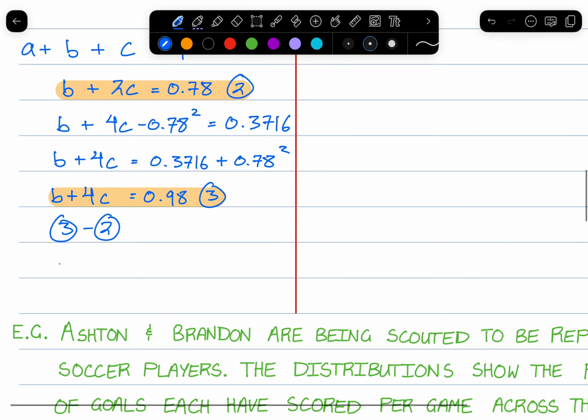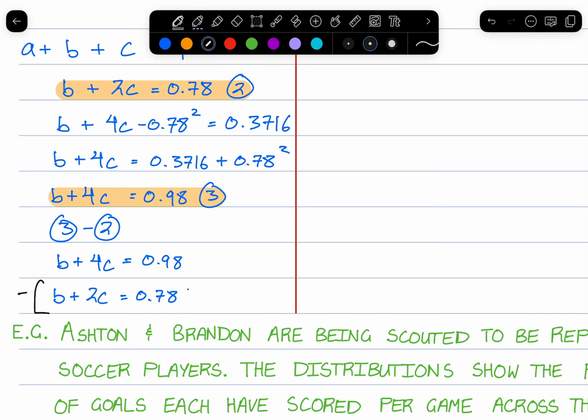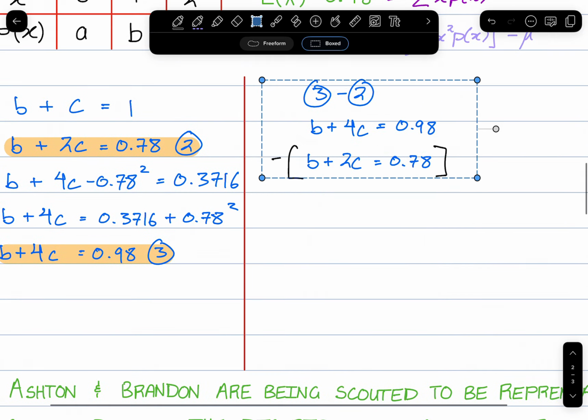Writing that out, equation 3 is B plus 4C equals 0.98. Equation 2 is B plus 2C equals 0.78. And I'm going to do a minus of this. We should have done this up here.